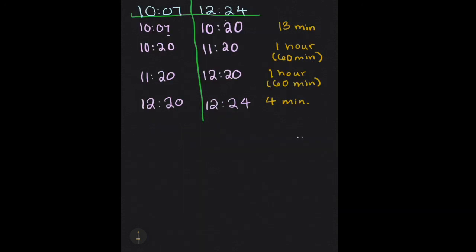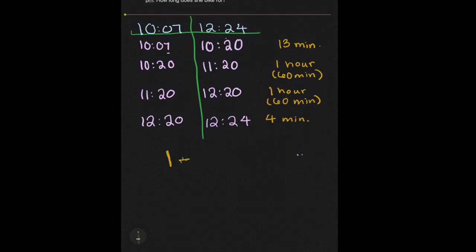So since we have a mix of hours and minutes, it might be good to first start with our biggest time measurement. So our biggest time measurement is hours. So let's add up our hours first. So 1 hour plus 1 hour equals 2 hours. So, good. We've done 1 hour plus 1 hour.